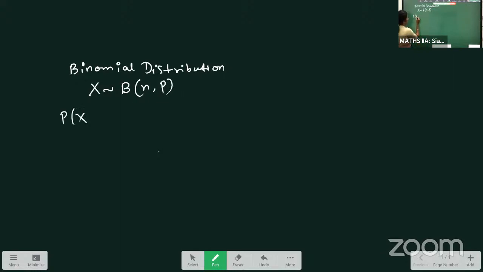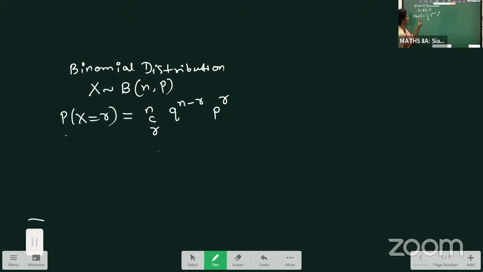So P of X equals r, the probability of X equals r, can be written as nCr q to the power n minus r, p to the power r. This is the expansion in the binomial distribution.